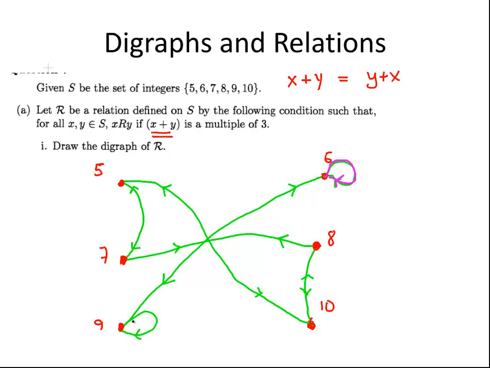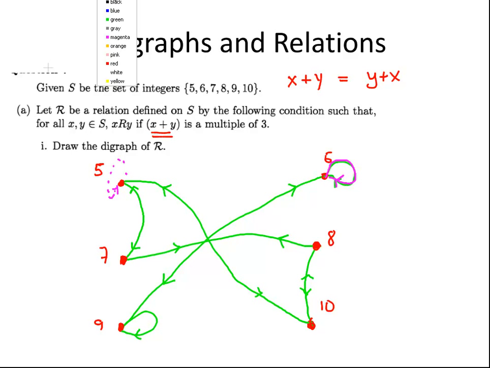For the relationship to be reflexive, each vertex would have to have a directed edge directed at itself. For example, 5 would have an edge going from 5 to 5, like that, and so on for each of the 6 nodes, but that is not the case. So this is not reflexive.